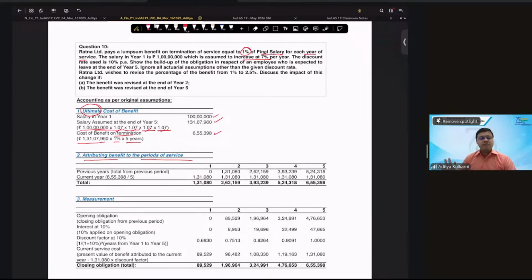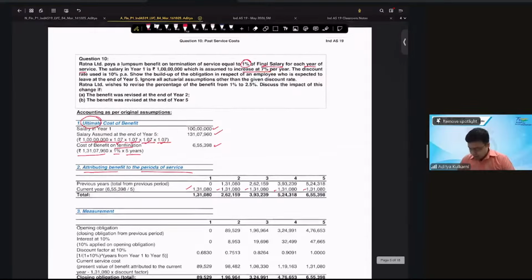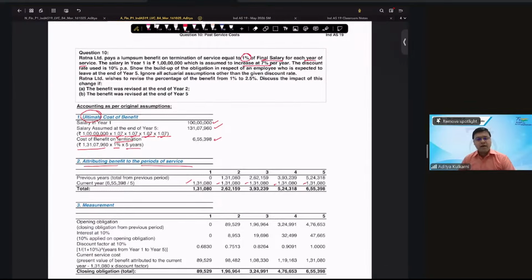So 6,55,398 divided by 5, if you do, every year 1,31,080 is your apportionment. Is this my current service cost? No, this is not your current service cost. This is just apportionment of the future value. This is the unit.